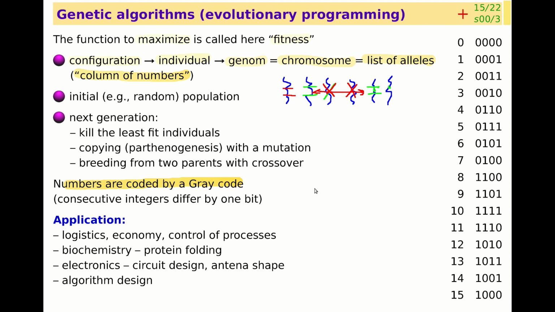And such genetic algorithms are useful in optimization in logistics, in economy. Generally, control of processes is an example of the traveling salesman problem. They are used in biochemistry for solving the protein folding problem, for circuit design or antenna shapes, quite interesting design, and also algorithm design.